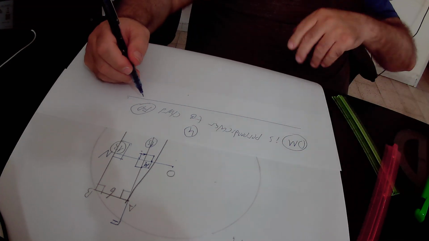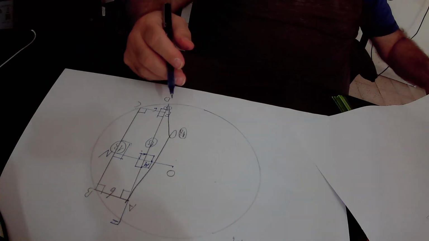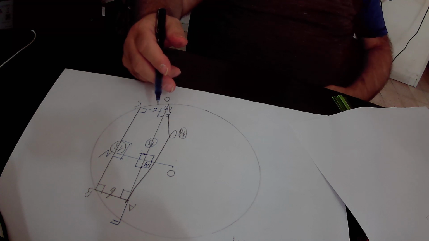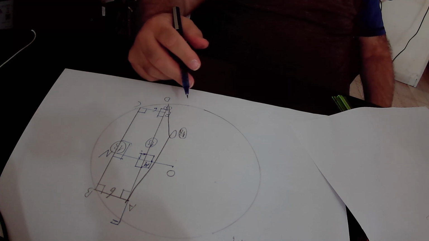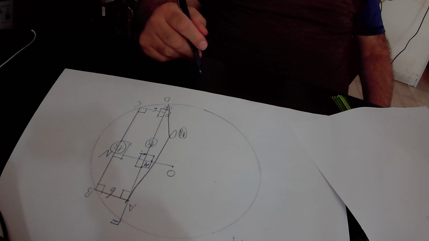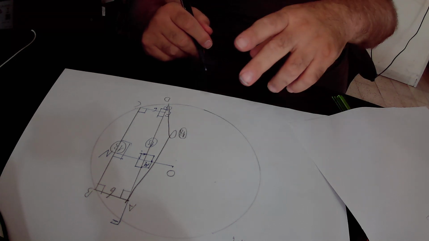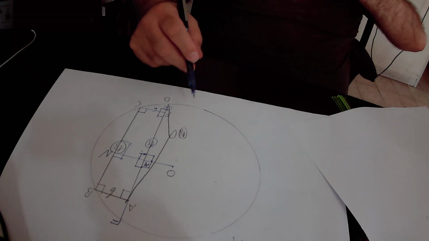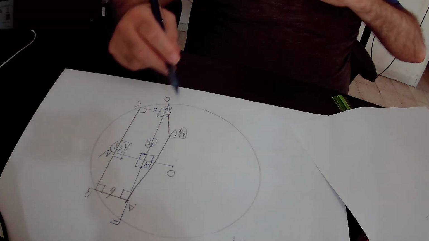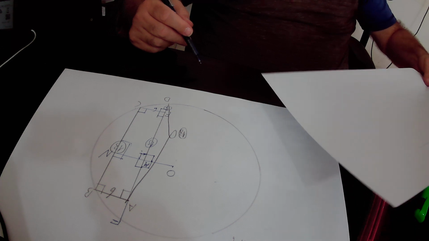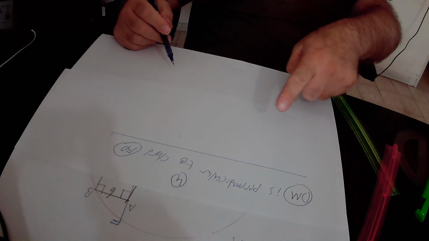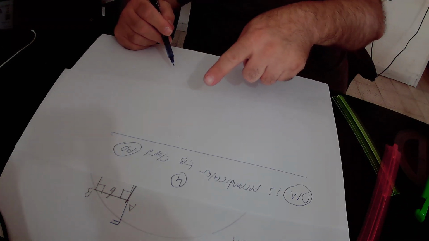That is to say, whenever you have a perpendicular from the center of the circle to any chord, it will bisect the chord according to rule number 2. That is to say, we can conclude from it that perpendicular OM bisects chord FD. So OM is perpendicular to chord FD.